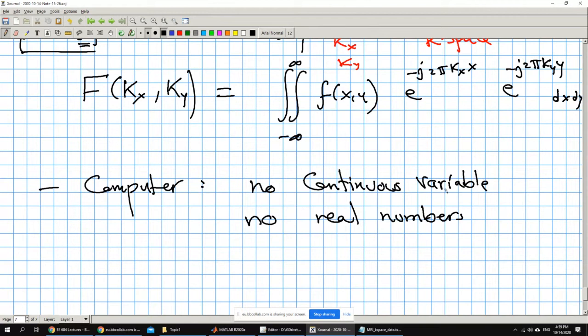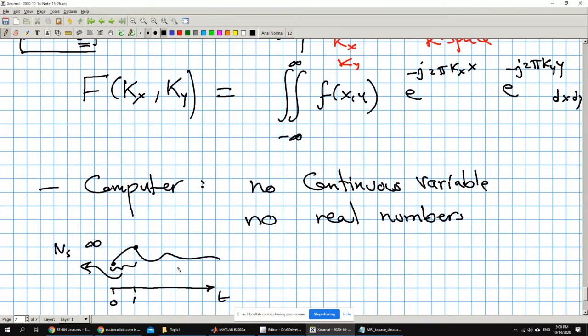What does that mean? No continuous variables, because even if I have a one-dimensional signal, this is time, between the point of 0 seconds and 1 second, how many samples do we have here? How many points do we have between 0 and 1? This is continuous, so infinite.